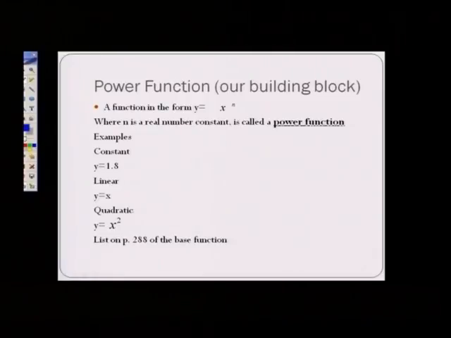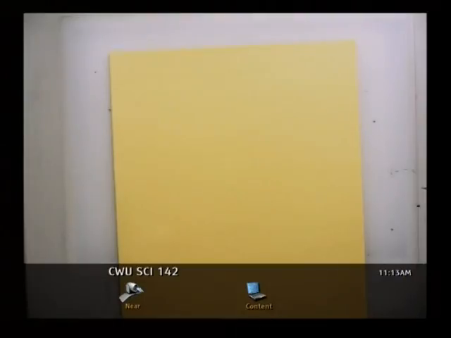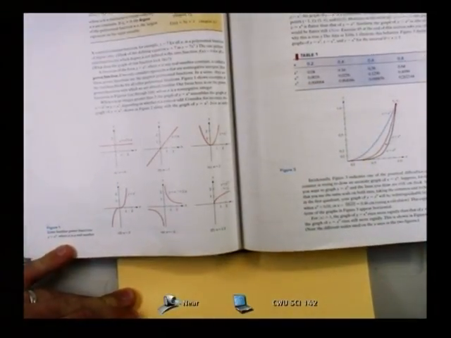If you take out your book for just a second, I don't do this real often, but if you could open up a book, I'll put it under the doc cam here so you can see it. Turn to page 288. Now, it takes a lot of class time to copy these down, but before you do tonight's homework, this might be a good idea. Let me zoom in a little bit on this. On the bottom part of page 288, there's the graph of the base power functions.